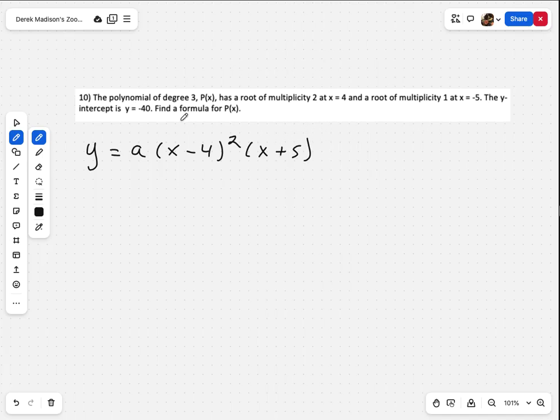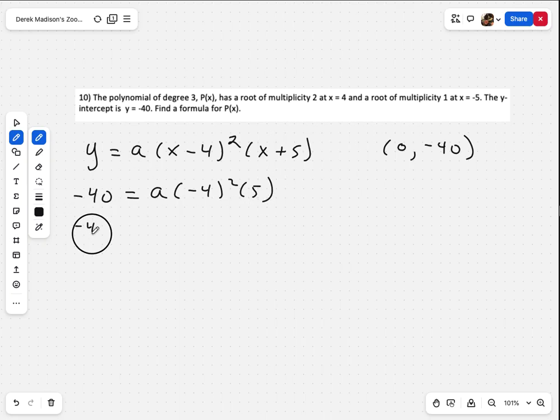The y-intercept is -40, so that means when x is 0, y is -40, find the formula. And then it's the exact same thing as what we just did. We'll throw our -40 on that side, and our zeros in here, so we'd have a times -4 squared times 5.